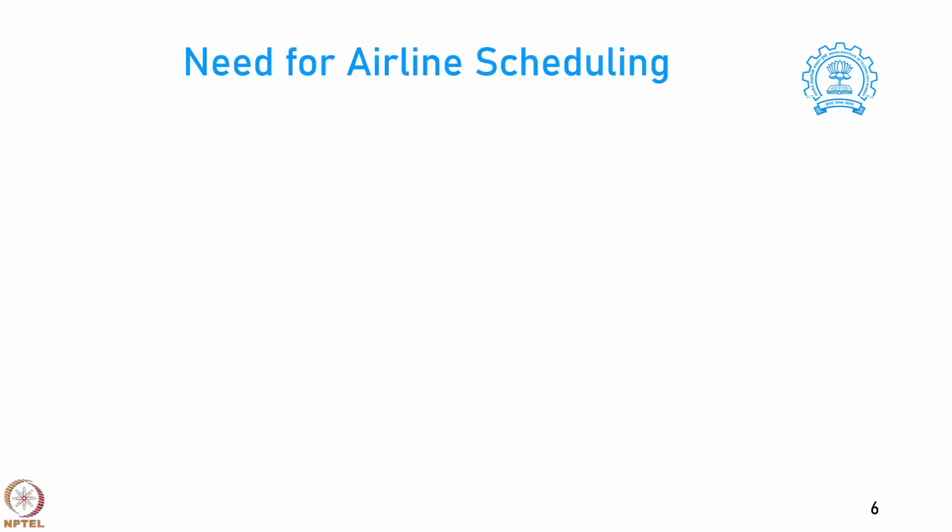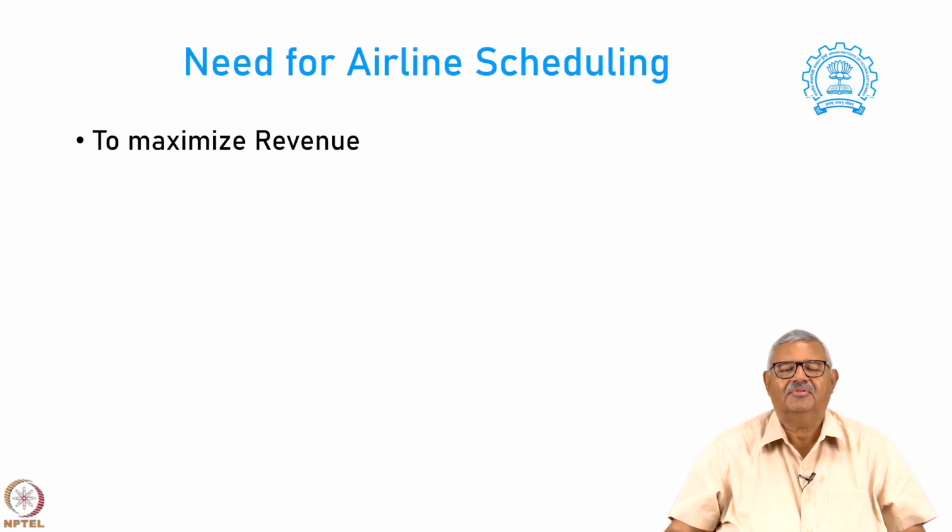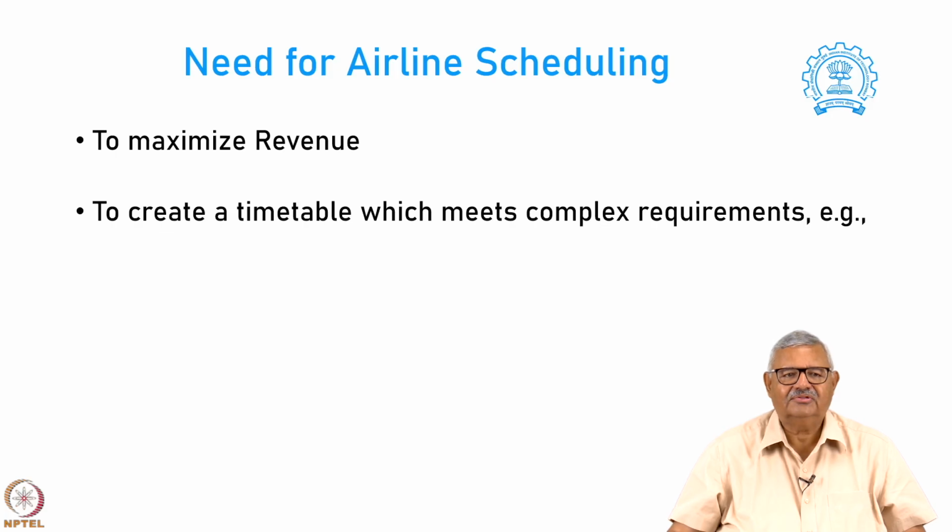Now, what is the requirement or the need for airline scheduling? The requirement comes from the overarching aim of an airline to maximize revenue, which will hopefully also give you the maximum profit. And for this, we need to create a timetable which meets the various requirements, some of which are very complex.